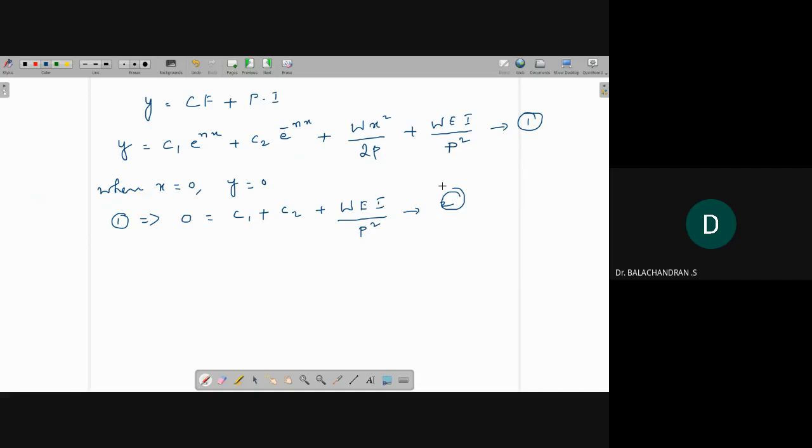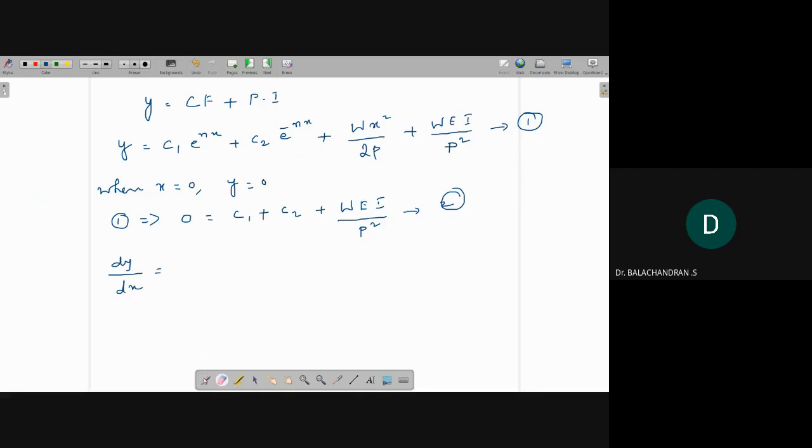Okay. Next, find dy by dx. If you differentiate equation 1 with respect to x, you will get nC1, or if you write nC1, you may think choosing n, is choosing 1 from n.